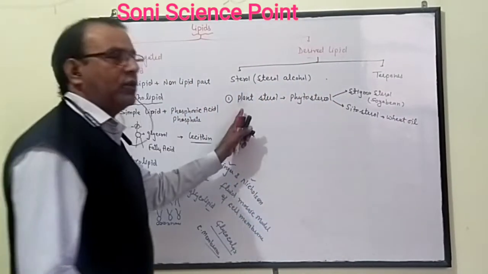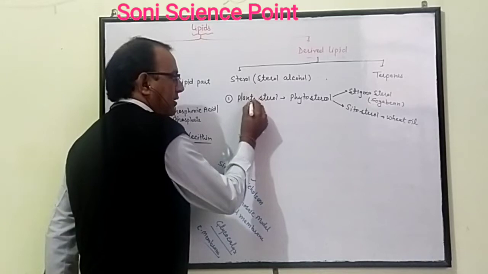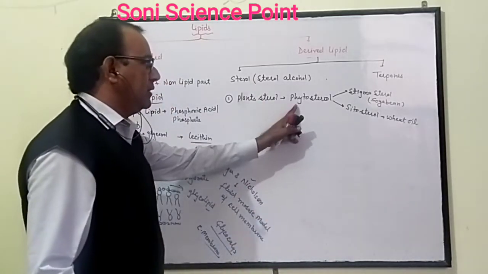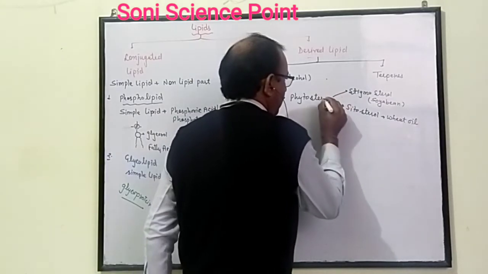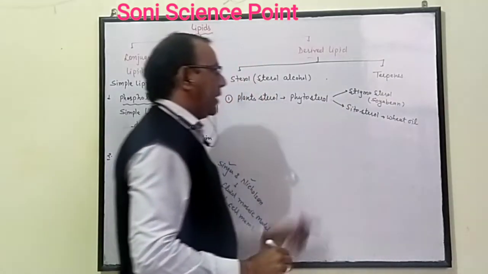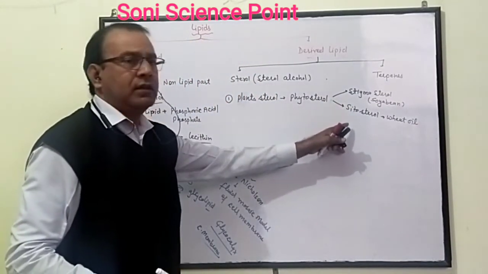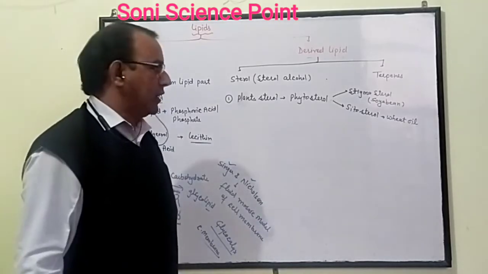So the sterol obtained from plants is called plant sterol or phytosterol, and it can be categorized into stigmasterol and sitosterol.